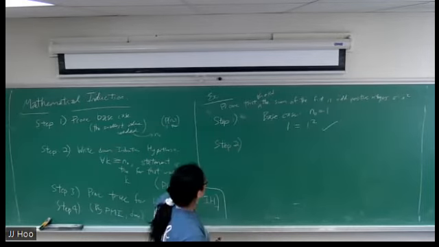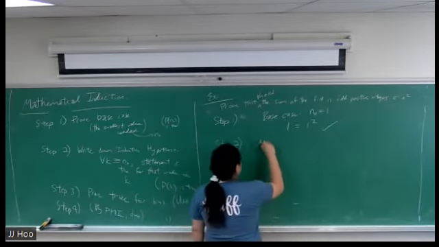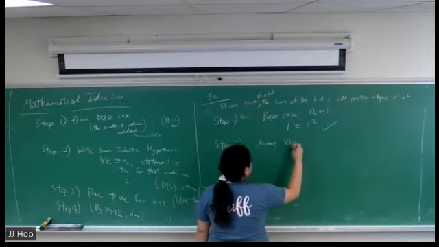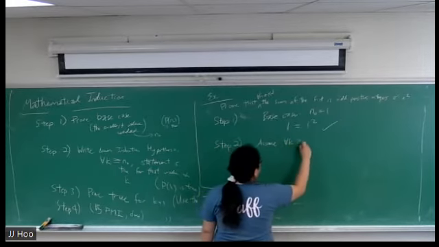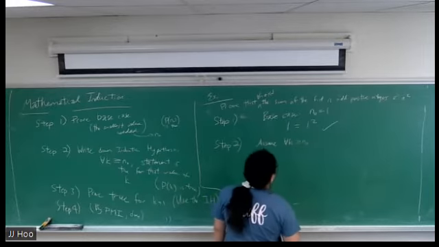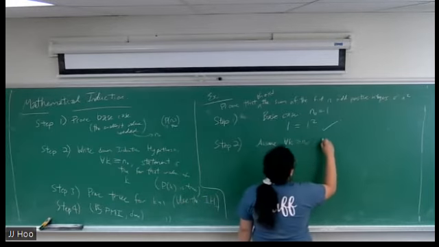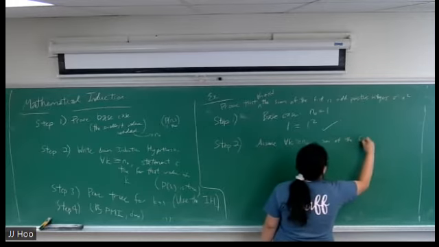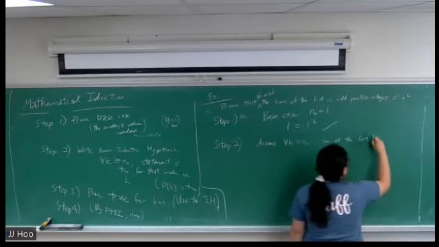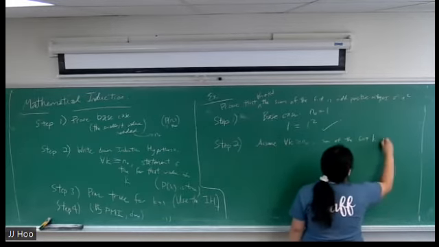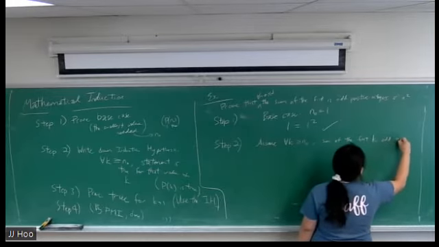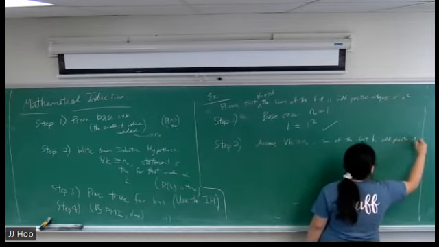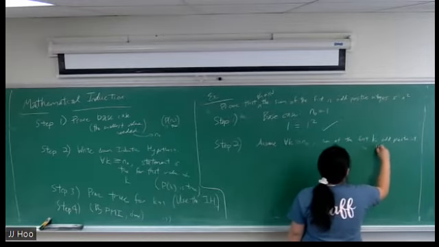So step 2, assume that for all k greater than or equal to n0, the sum of the first k odd positive integers is k squared.